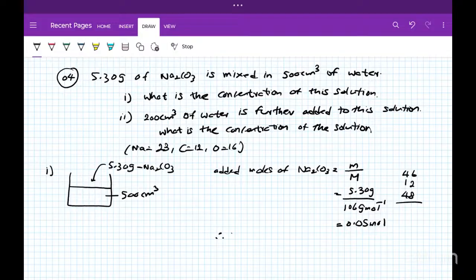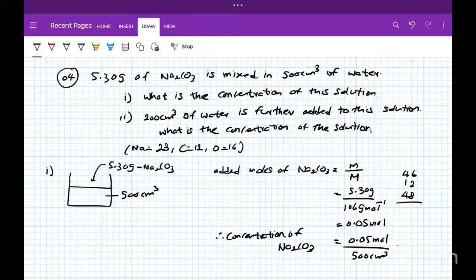So therefore, concentration of sodium carbonate. This number of moles is within 500 cubic centimeters. I need to find how much within 1000 cubic centimeters. Simple logic.